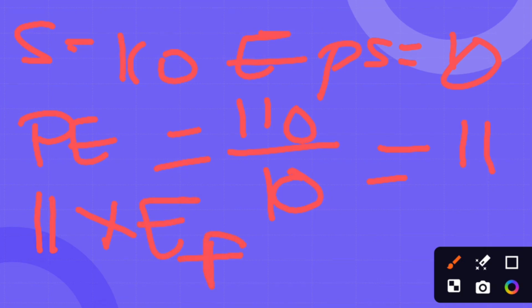Generally, a PE around 10 to 25 is considered good, because it shows the company's potential.